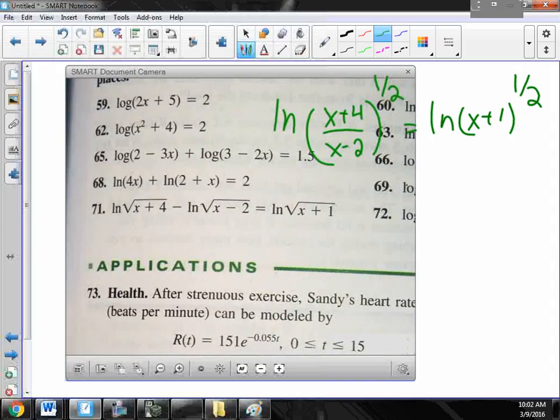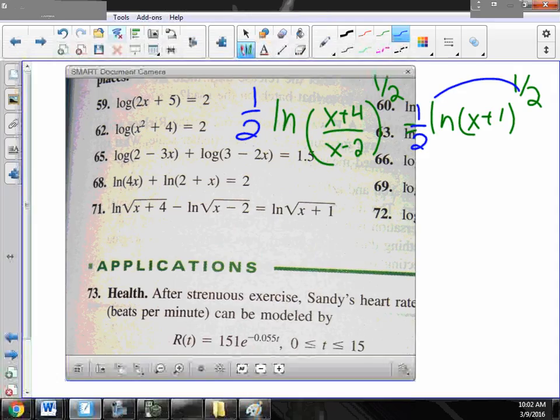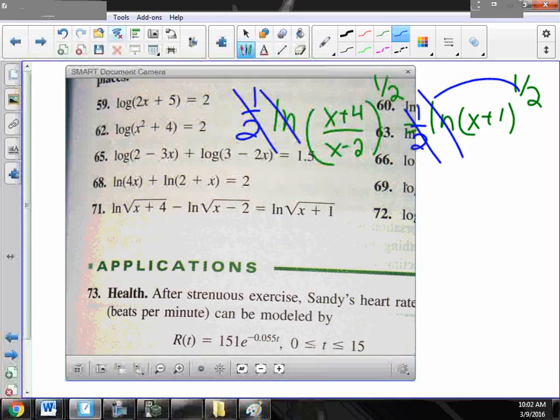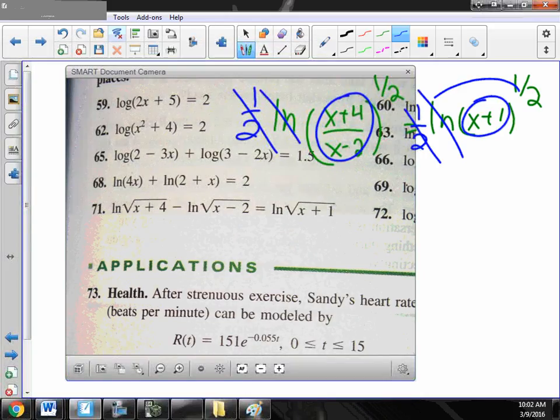Now you can drop them in two different ways. You could pull it down here and pull it down here, in which case you drop the 1/2 and the ln at the same time. Or you drop the ln's and you say this quantity to the 1/2 is equal to that quantity to the 1/2. So these two quantities must be the same, and you drop the 1/2 as an exponent. Okay, so 71 might look tough, but it actually works out to be pretty easy.